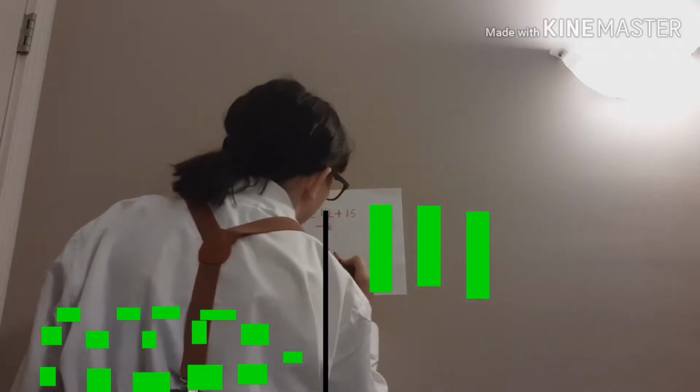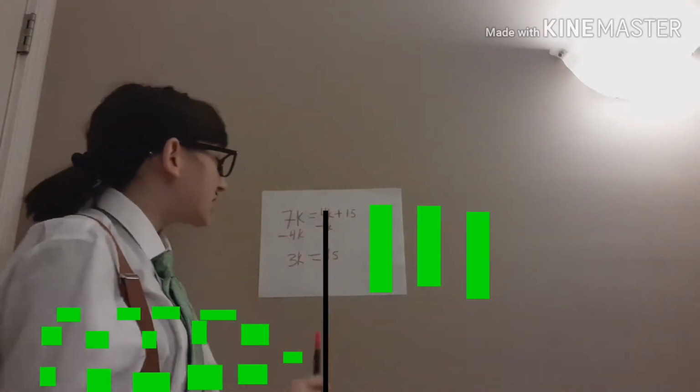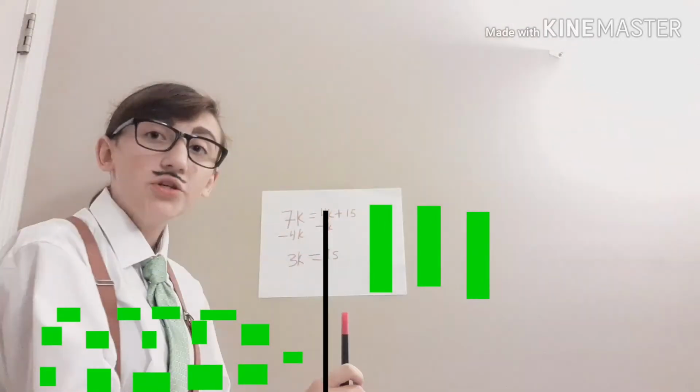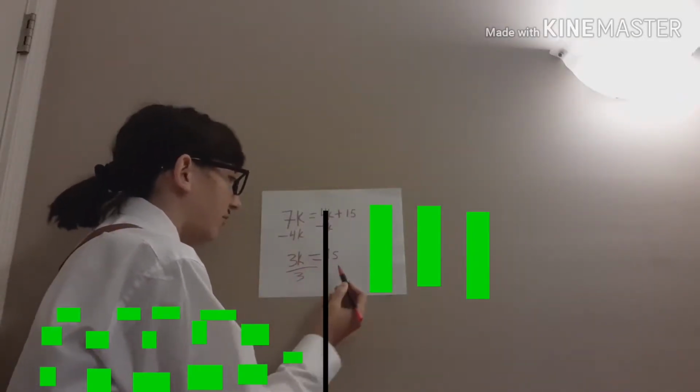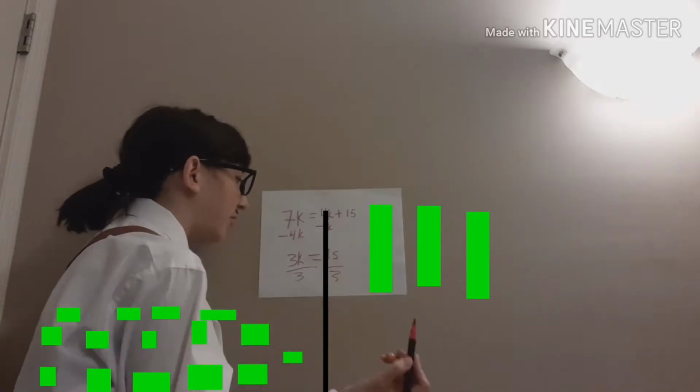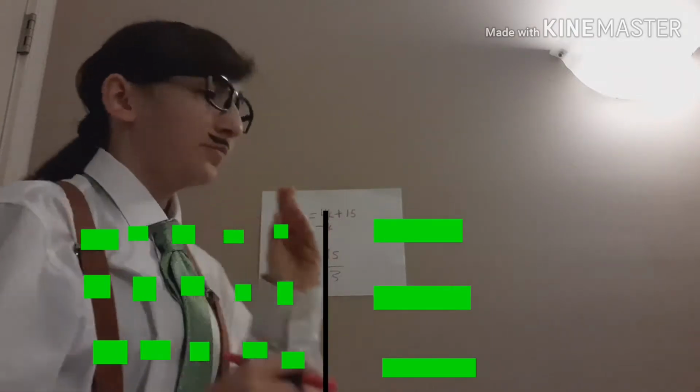It's equal to 15. Now we want to get the k on its own, so we will divide 3k by 3 and 15 by 3. One way of doing this is, if we have 3 rectangles, and then we take our squares and line those up, matching them, putting them in groups of 3.